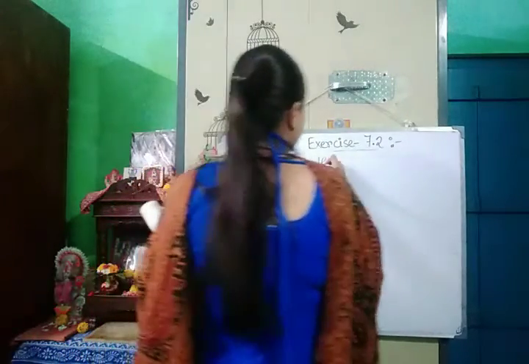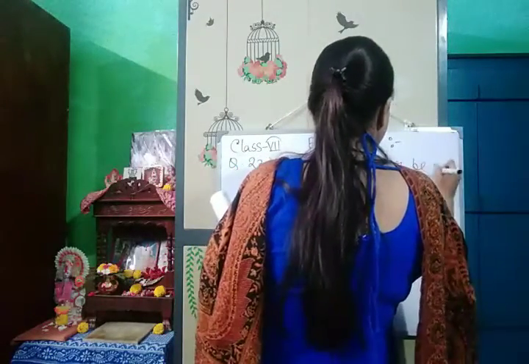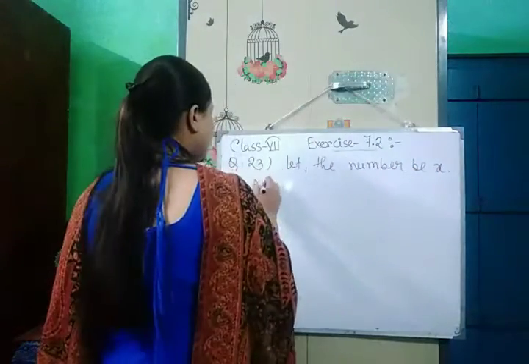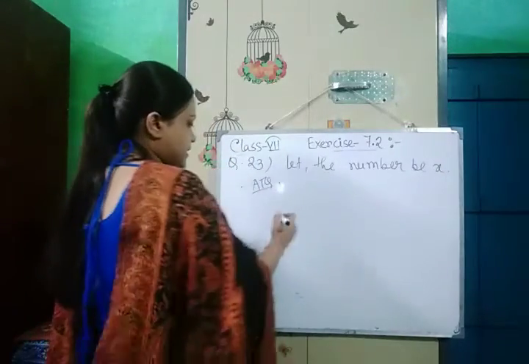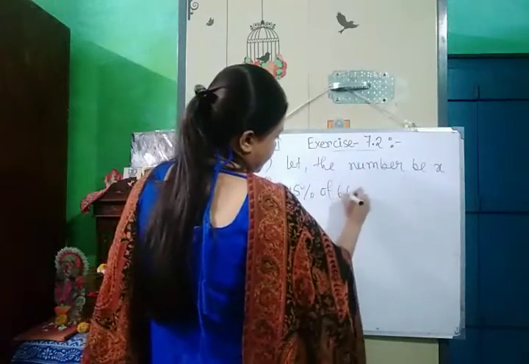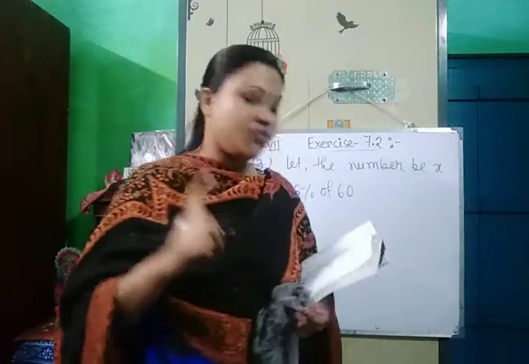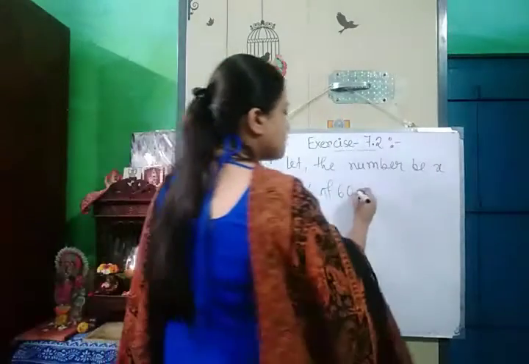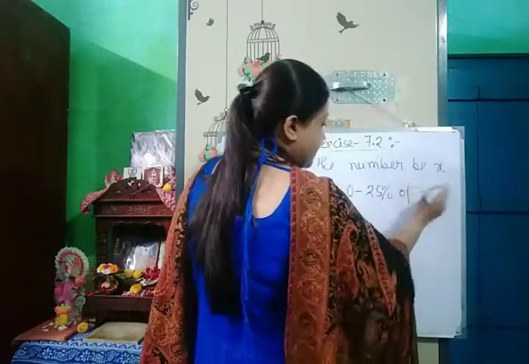Now according to the question, 15% of 60 is greater than 25% of a number. Greater than means minus 25% of a number which we have assumed as x.